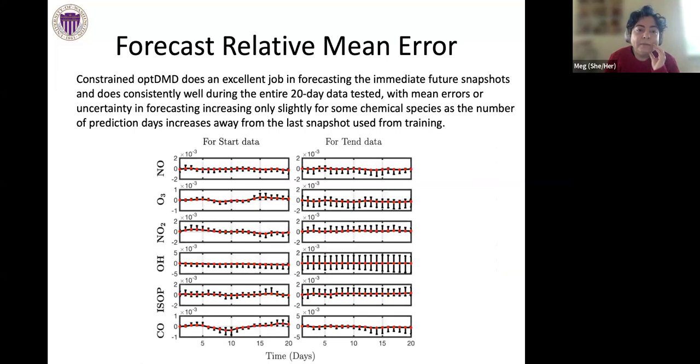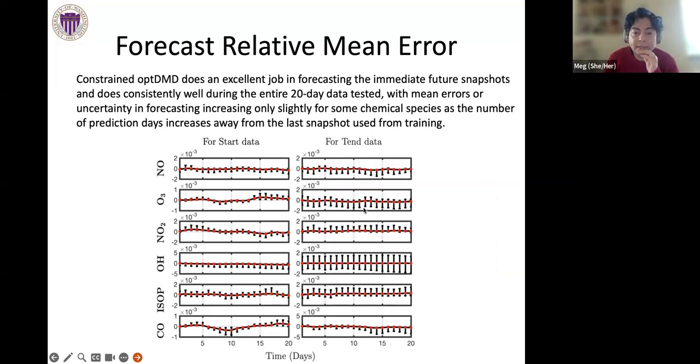So, the mean errors for the 20 days of data: I wanted to see if I go further away from the last reconstruction snapshot, is my test error going to get worse? And it does not. For most of the chemicals, it remains pretty steady across the 20 days tested.